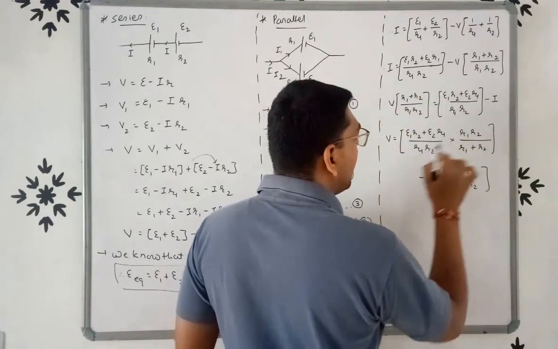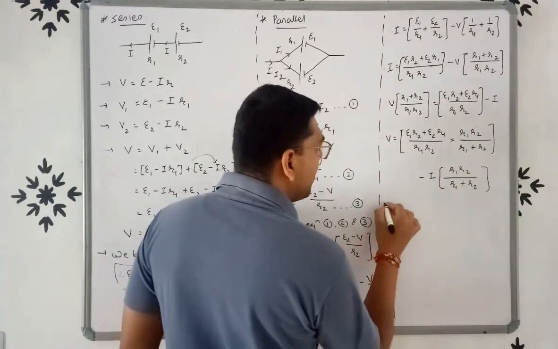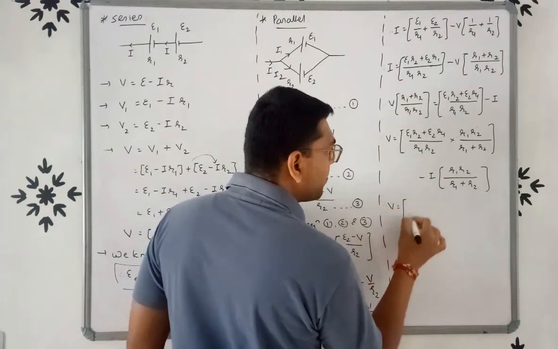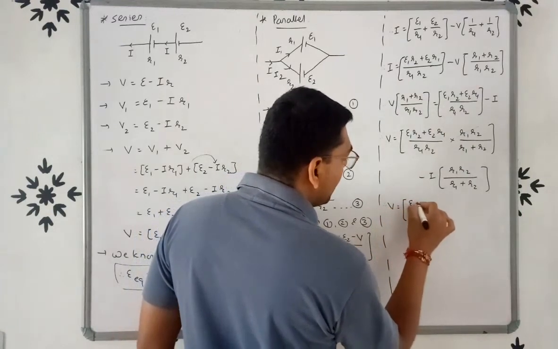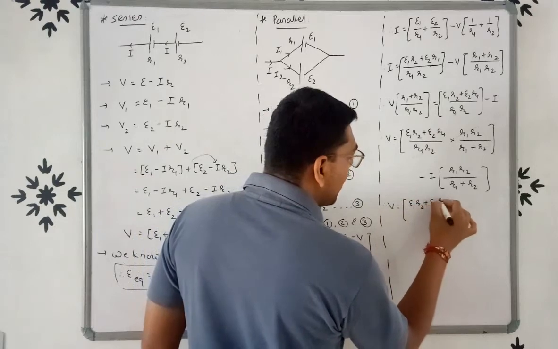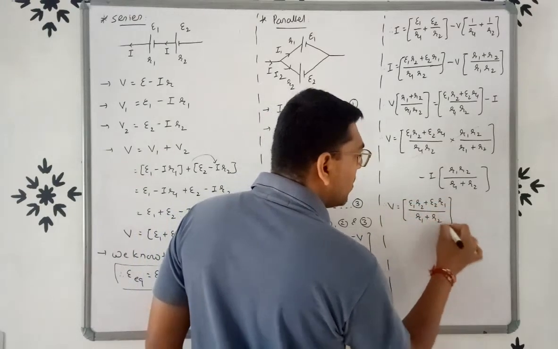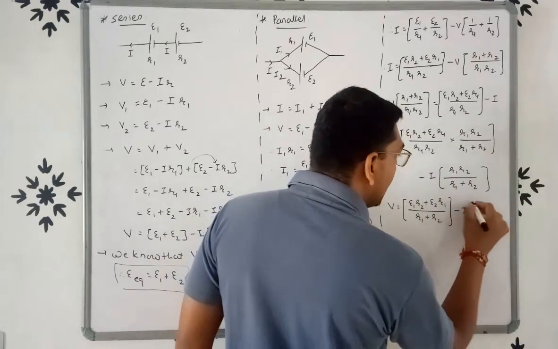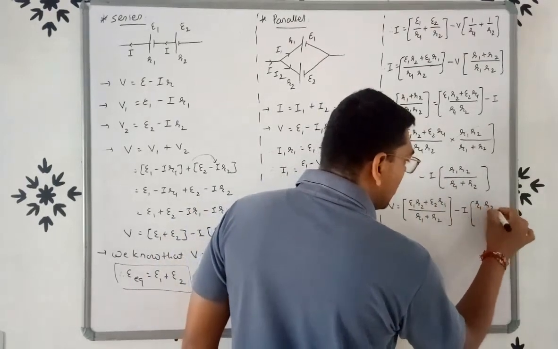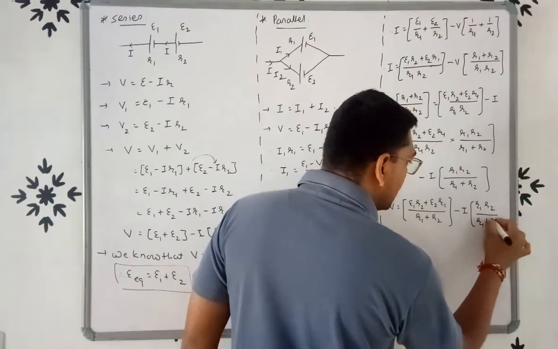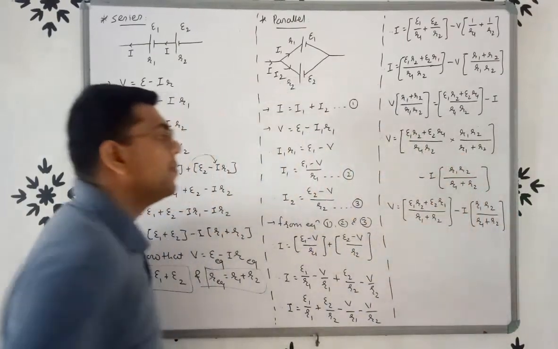So here R1 R2 cancel. So we will get V is equals to E1 R2 plus E2 R1 upon R1 plus R2, minus I R1 R2 upon R1 plus R2, like this.